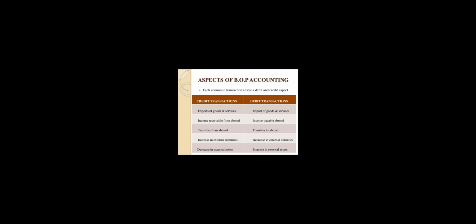On the credit side we enter all the exports of goods and services, income receivable from abroad, transfers from abroad, increase in external liabilities, and decrease in external assets. All these are stated in the credit transaction.